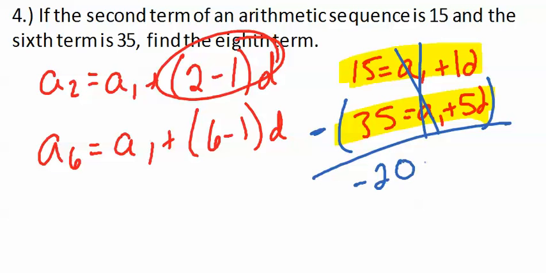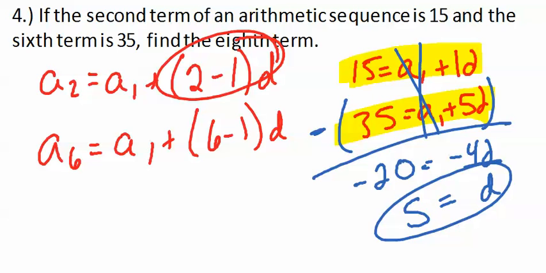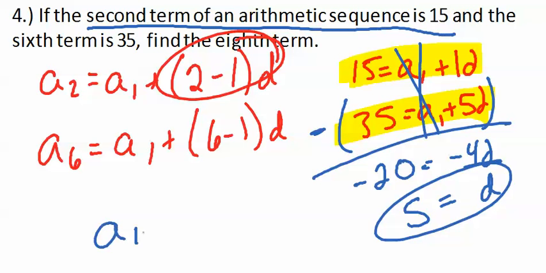I'll get negative 20 equals negative 4d. And so then the common difference is 5. So we'll know that. And what we can do then is plug it in to figure out what the first term is going to be. We won't really need to do this with that one because if I know the second term is 15, we can just subtract 5 and know that the first term will be 10.